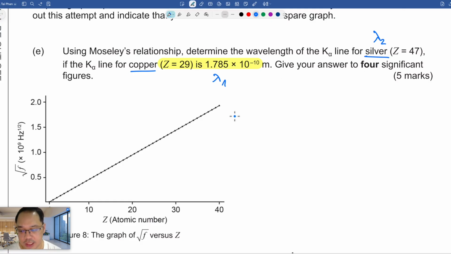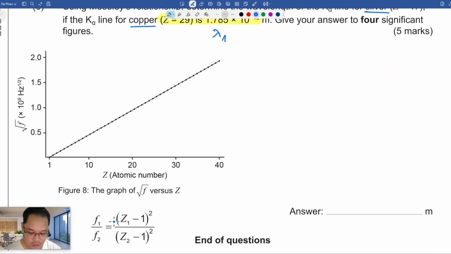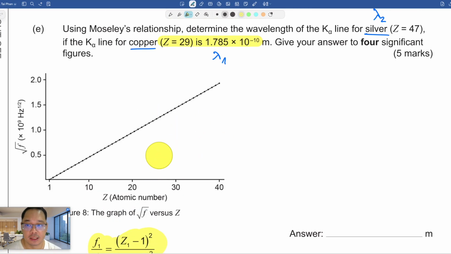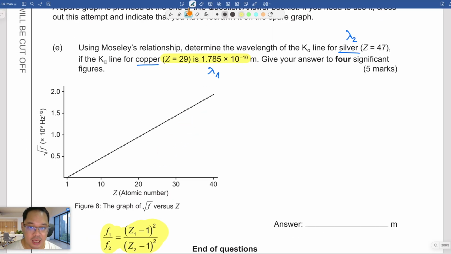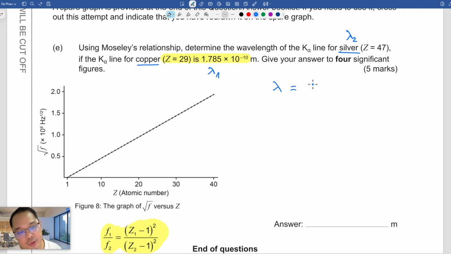The relationship formula that I wrote here, I copy here. That formula is the frequency ratio F1 over F2, but we have the following formula. The wavelength is the speed of light multiplied by the period, or C over the frequency F, which means lambda is inversely proportional to the frequency.